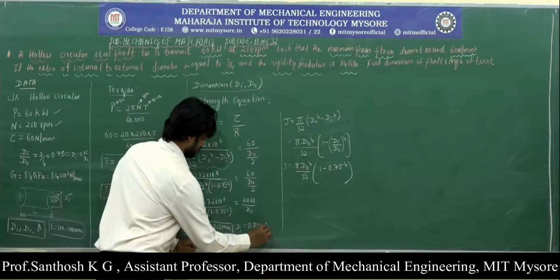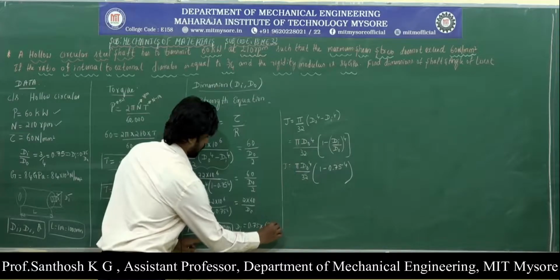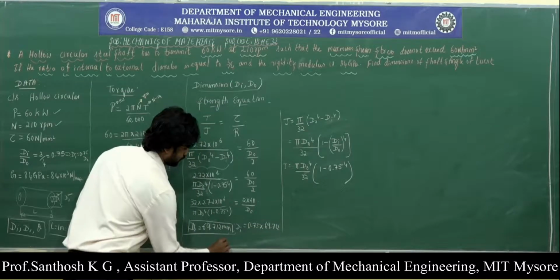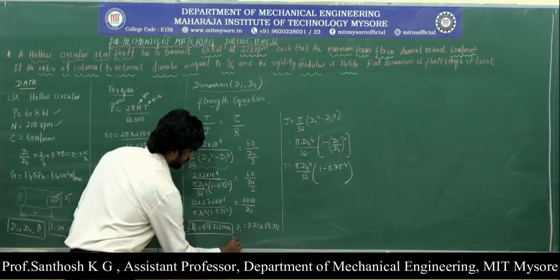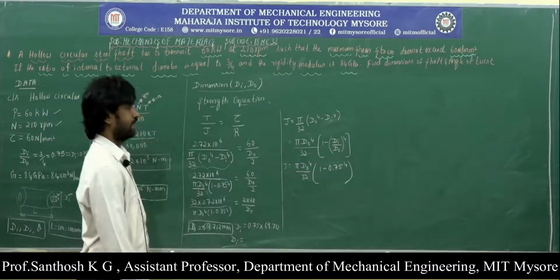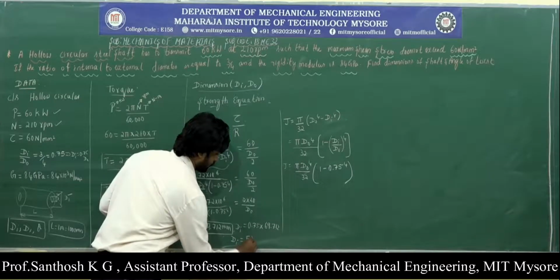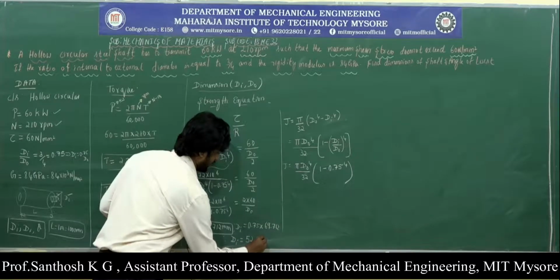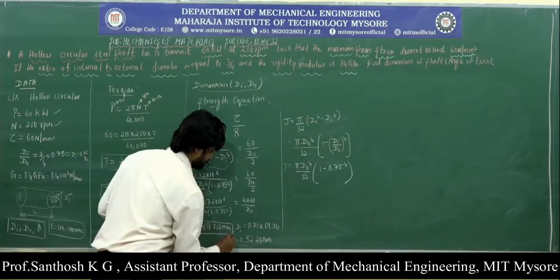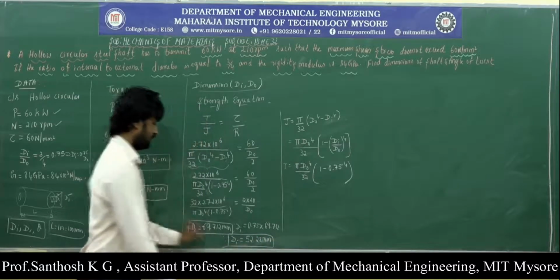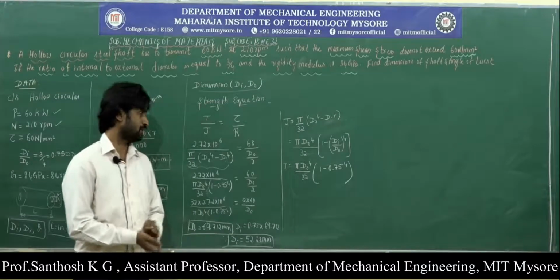So d naught is 69.712. Therefore we get the value of di as 52.28 millimeters. This is the value of the internal diameter of the shaft.